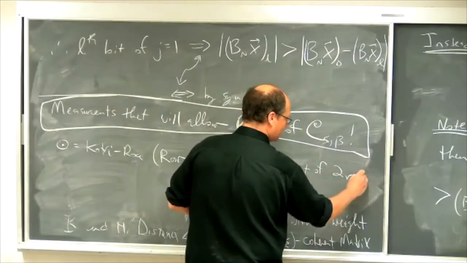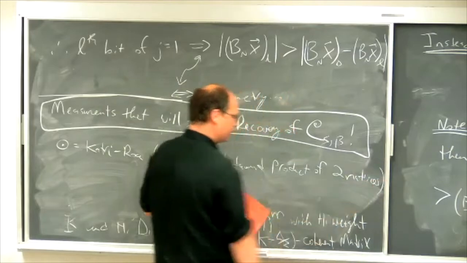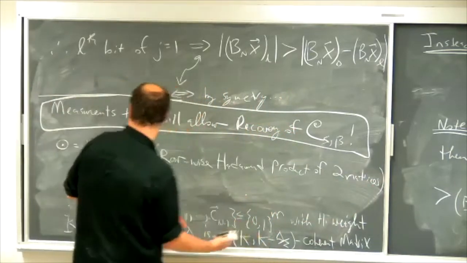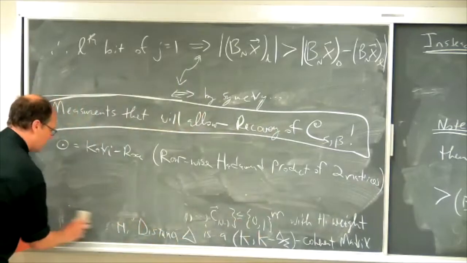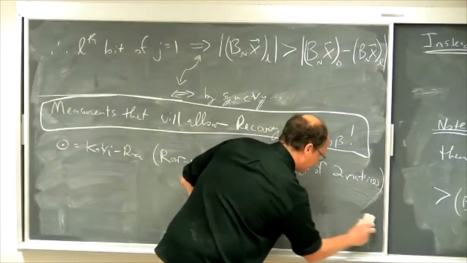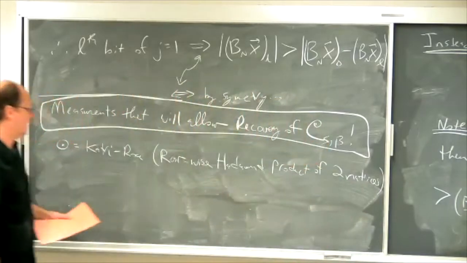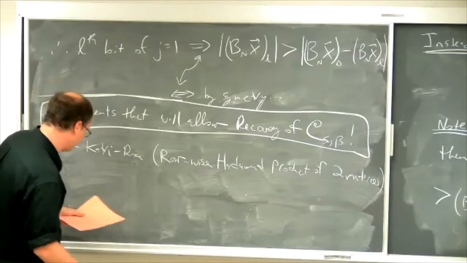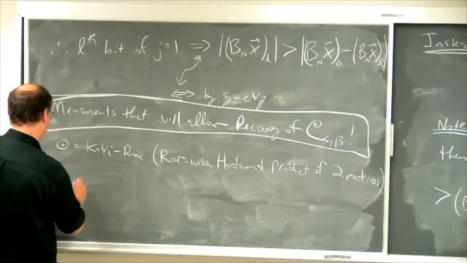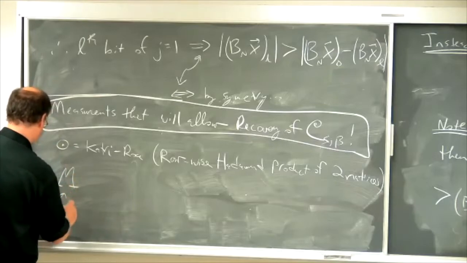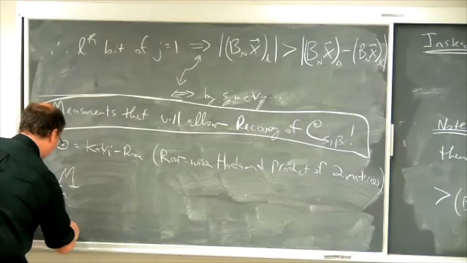So that's just something to Google, and I'll give you an example of what it looks like in a second. This is going to be what we end up using to recover the important entries of something. Okay, so I'm going to take a K alpha coherent matrix.